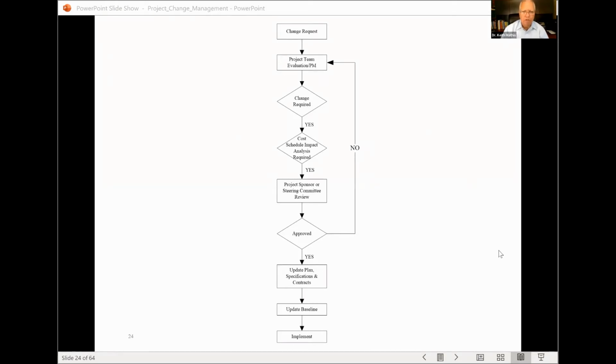The project sponsor or the steering committee or the change control board, somebody is saying yes to this and approving it. And then you're going to update your plan, specifications, and contracts, whatever is influenced by this. You'll update your baselines, and you'll also then implement that change. Now, you'll notice the emphasis here, once it's approved, you're updating your plan. The plan does not stay the same because of the influence of new work. That's the way it should be working.